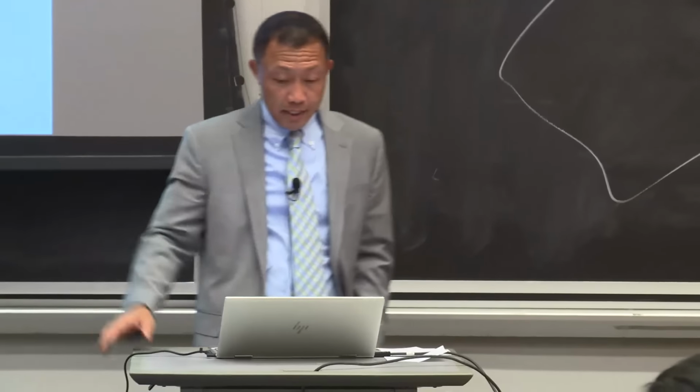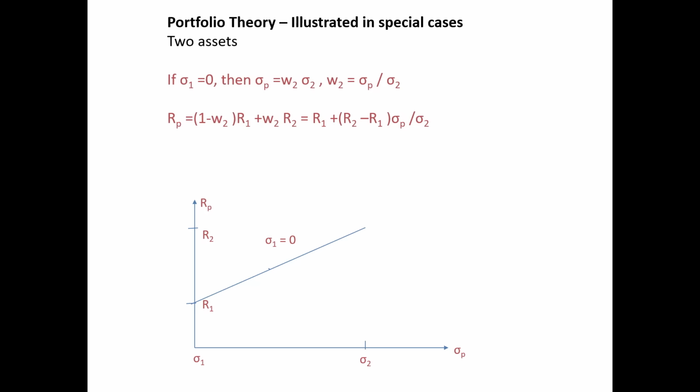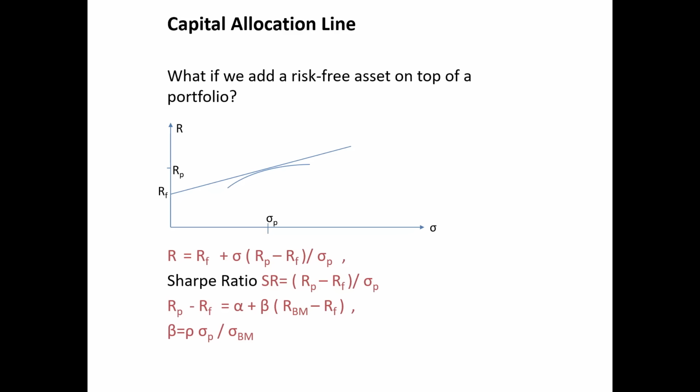But it's a straight line. In this case, you can see the slope of that line is determined by the difference R2 minus R1 divided by sigma 2. By the way, this is the so-called capital allocation line in portfolio theory.